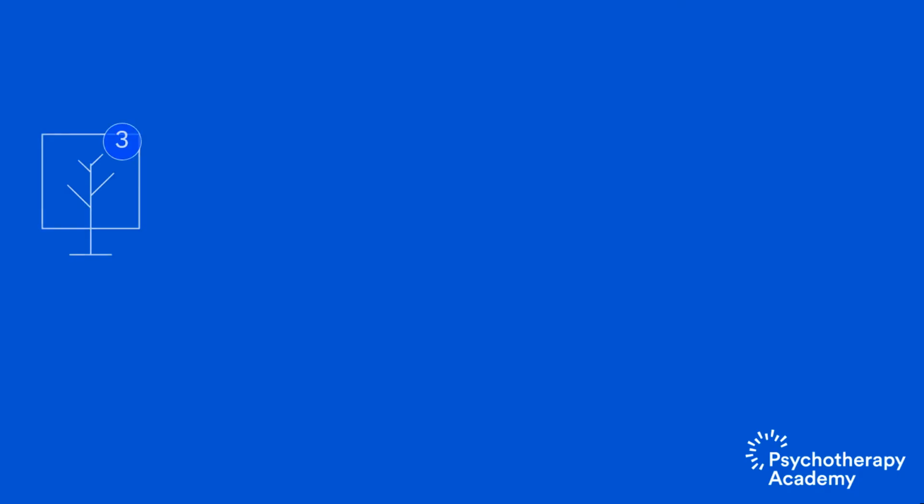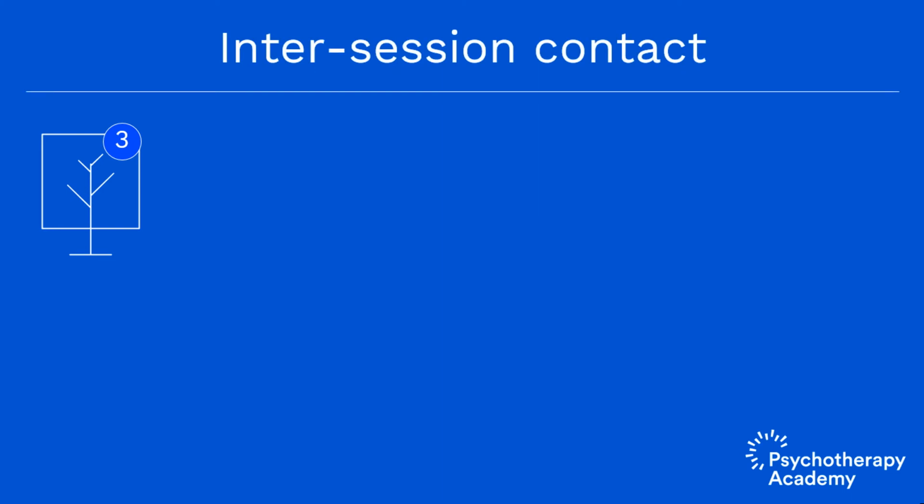Another component is intersession contact. Intersession contact can exist in different forms. That could be telephone coaching. It could be that the patient has an individual therapist and is on a residential unit, so they would have access to someone in between their sessions at any point in time.